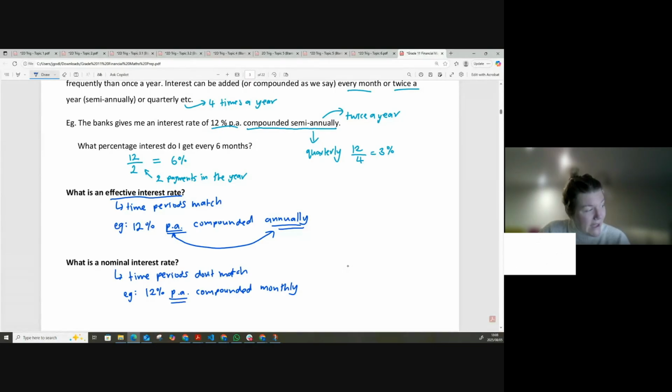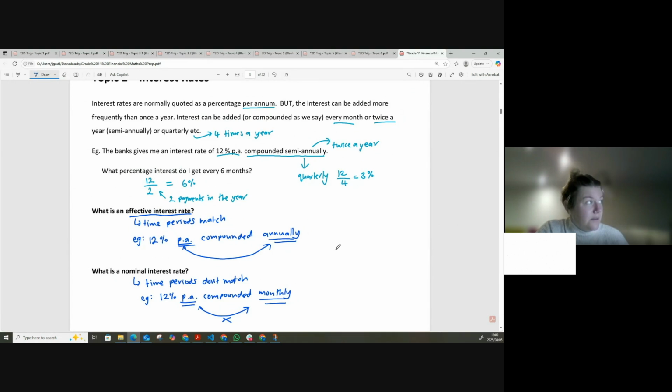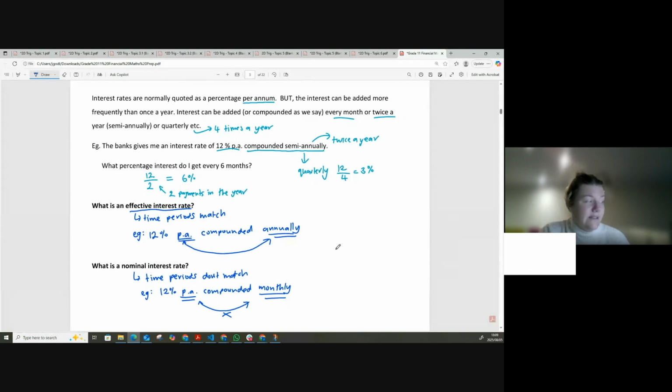This is per annum. This is monthly, which means they do not match. That is literally the main thing you need to know between effective interest and nominal interest. If it's effective interest, the time periods are the same. If it's nominal interest, the time periods are different. That's all. There are lots of complicated ways to explain this or to go with the definitions, but this is the only thing that I need you to know for it.